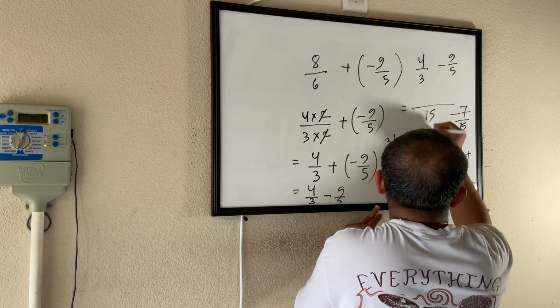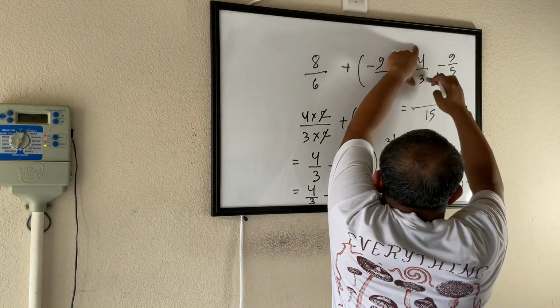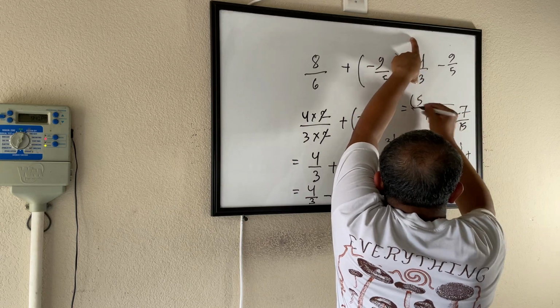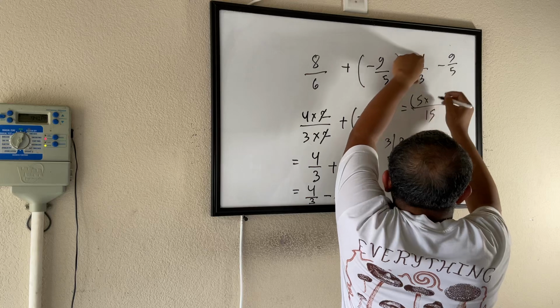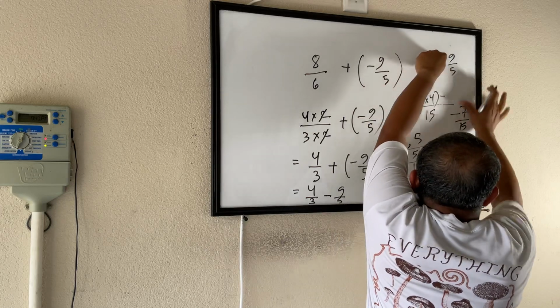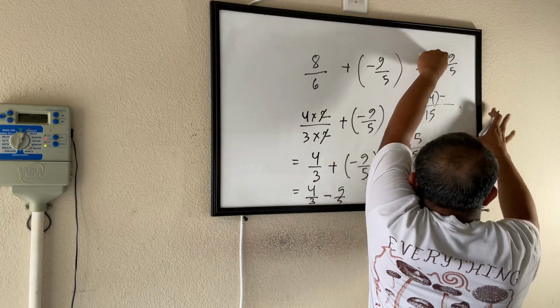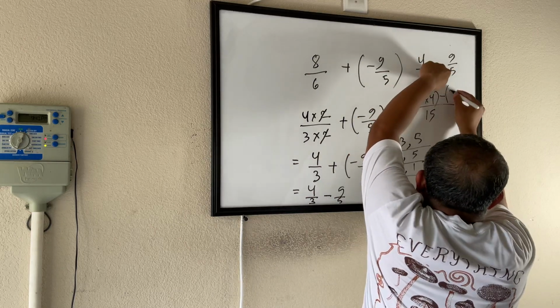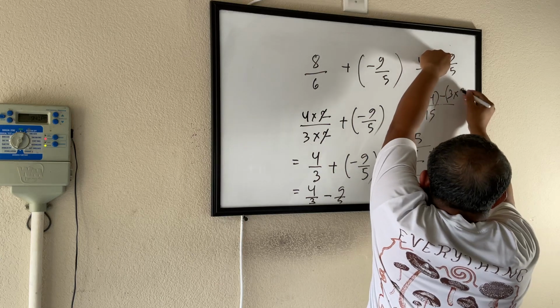That is my LCM. Now pick the first number. How many times of 3 gives me 15? That is 5. And then multiply that with the numerator, which is 4. And then I have a minus sign. Let's go to the second number. How many times of 5 gives me 15? 3. And multiply that with the numerator.